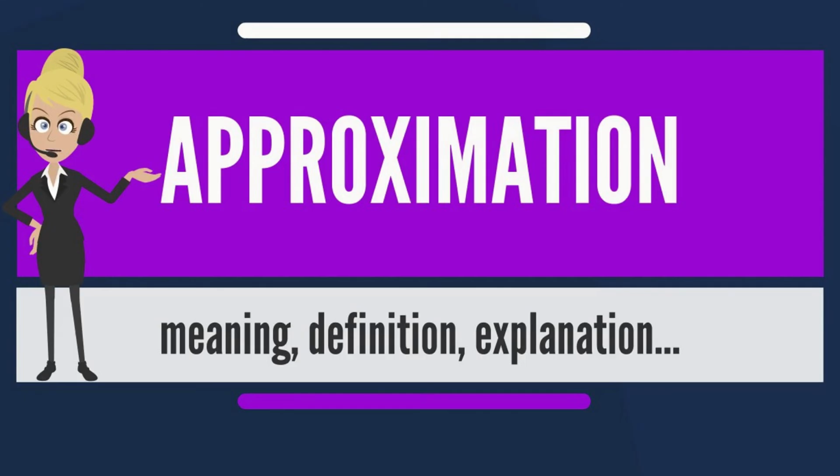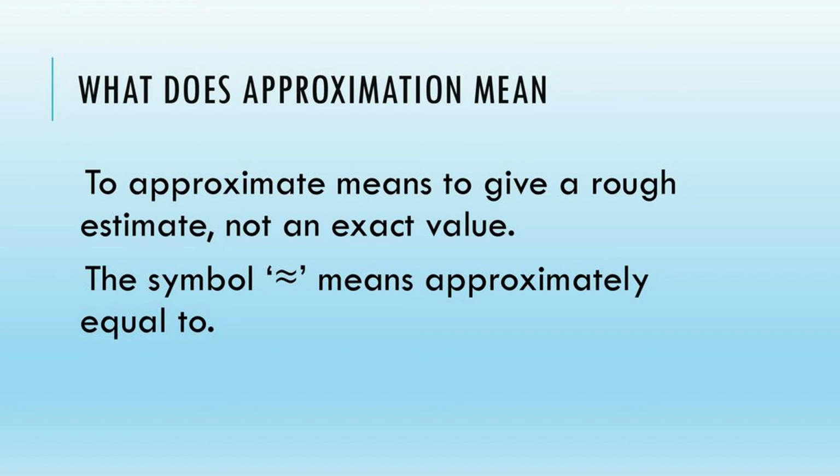So how do we approximate? When we say approximation, you are giving a rough estimate, but not necessarily the exact value. But of course, it has to be near the exact value.